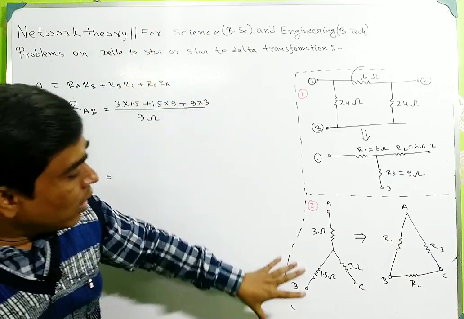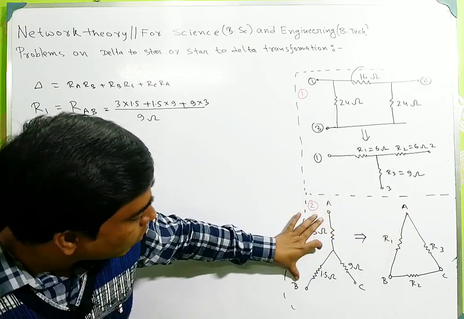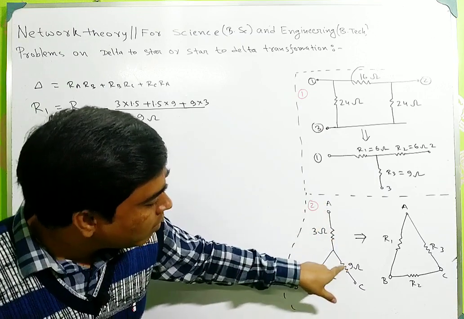So how to calculate R1? R1 is across this node and this node, so delta divided by this resistance.